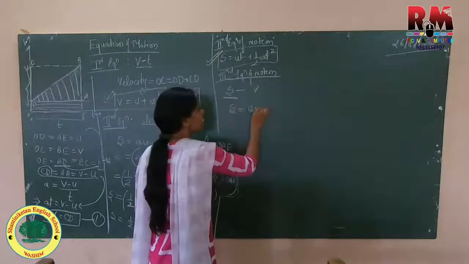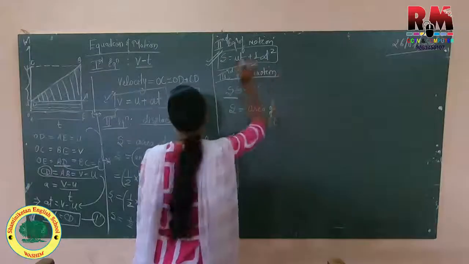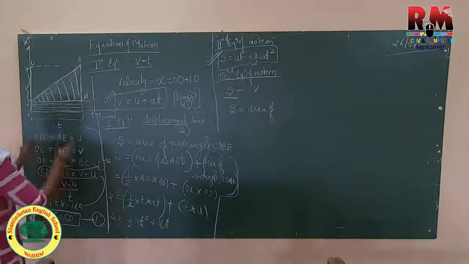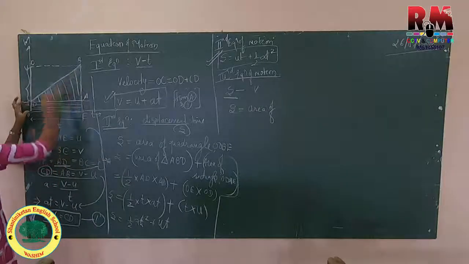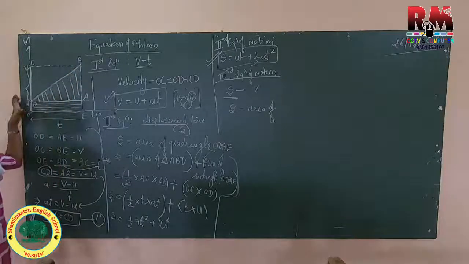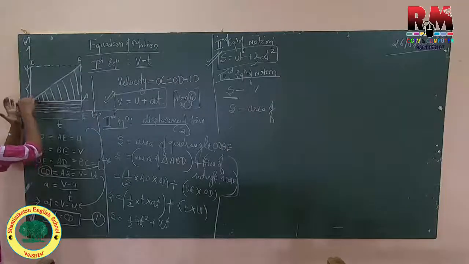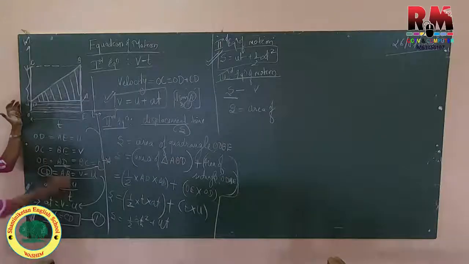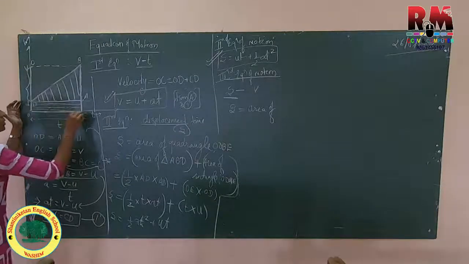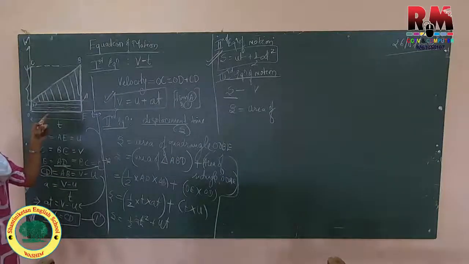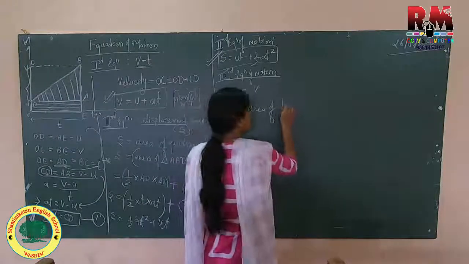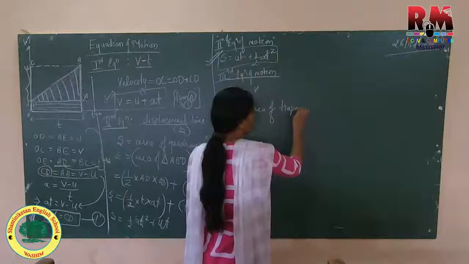Already we have taken the quadrangle, but if you see this particular figure, these two are parallel sides and this is perpendicular to them. So is it a trapezium? Yes, it is a trapezium. So I can take the area of a trapezium.